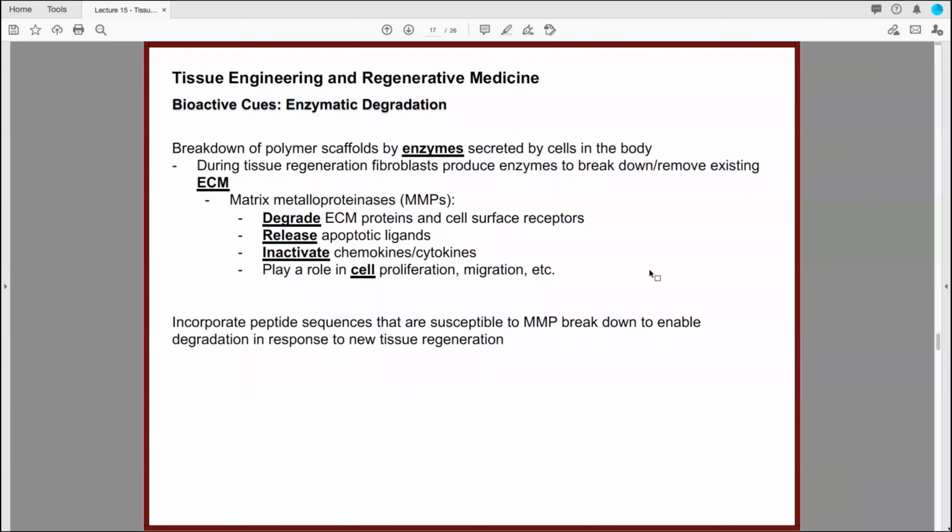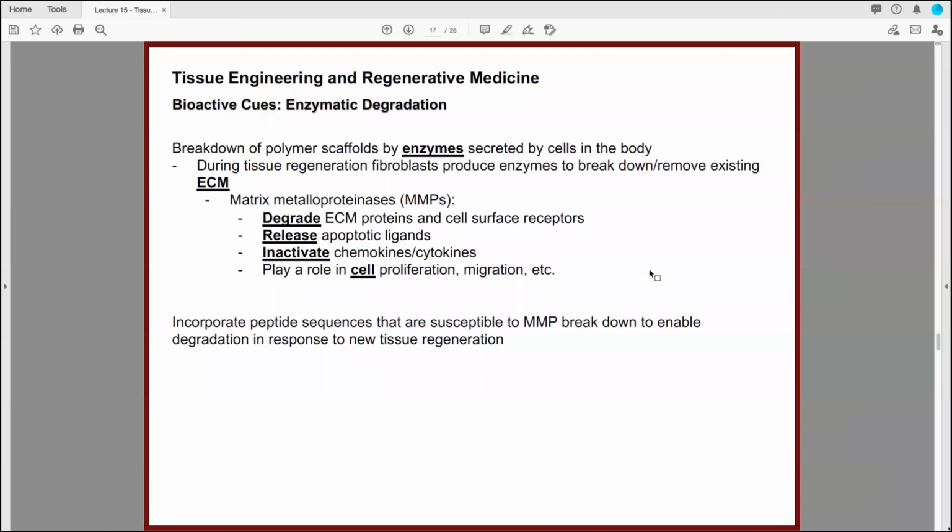The MMPs work by degrading the extracellular matrix proteins and the cellular surface receptors. They release these apoptotic ligands, and they inactivate chemokines and cytokines, and they play an essential role in cell proliferation and migration.